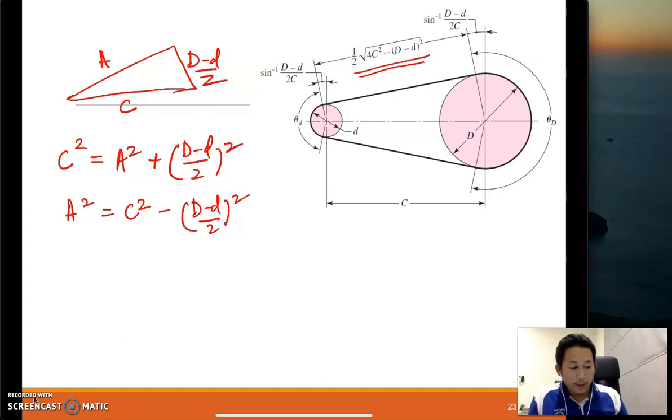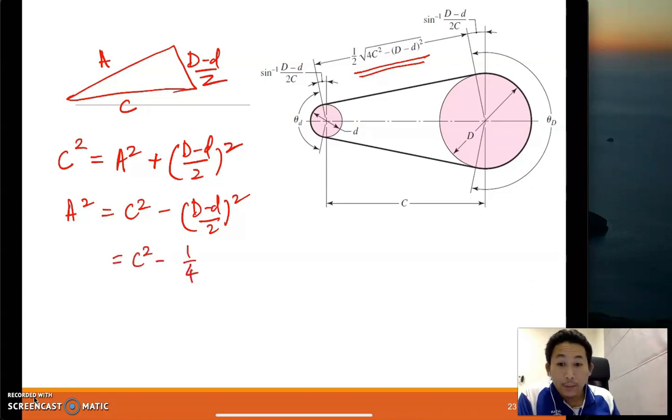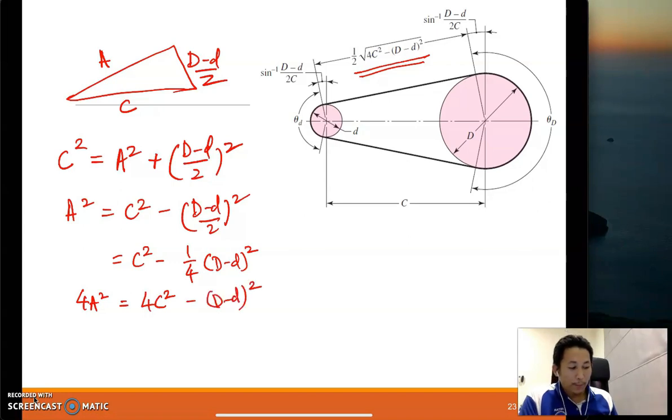Taking out 1 over 4, we have 4A square equals 4C square minus D minus d square.